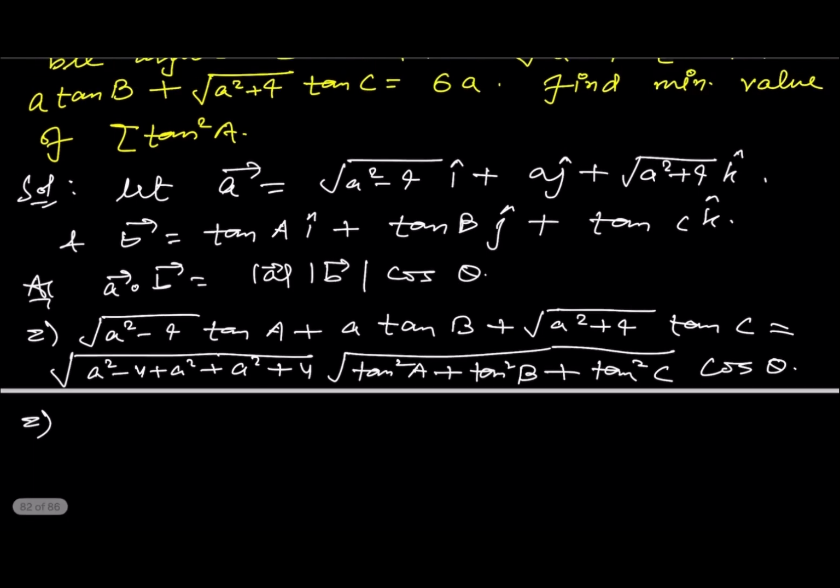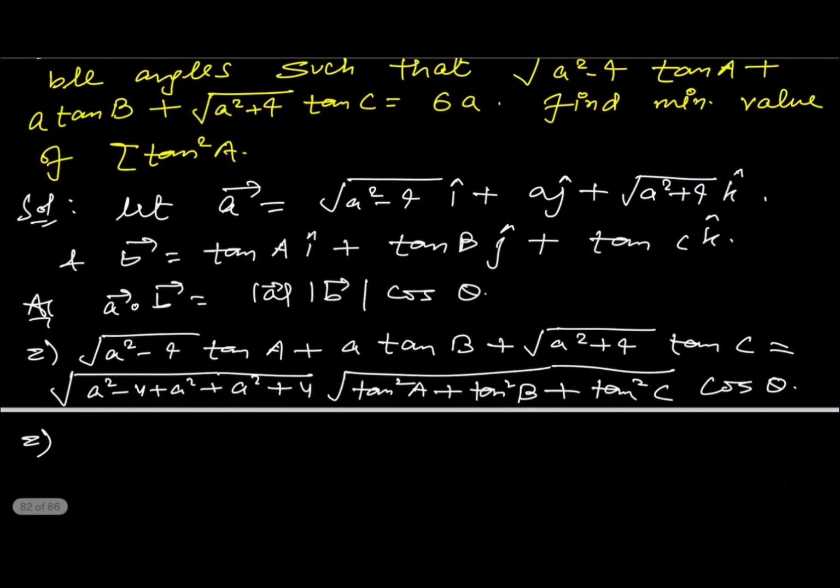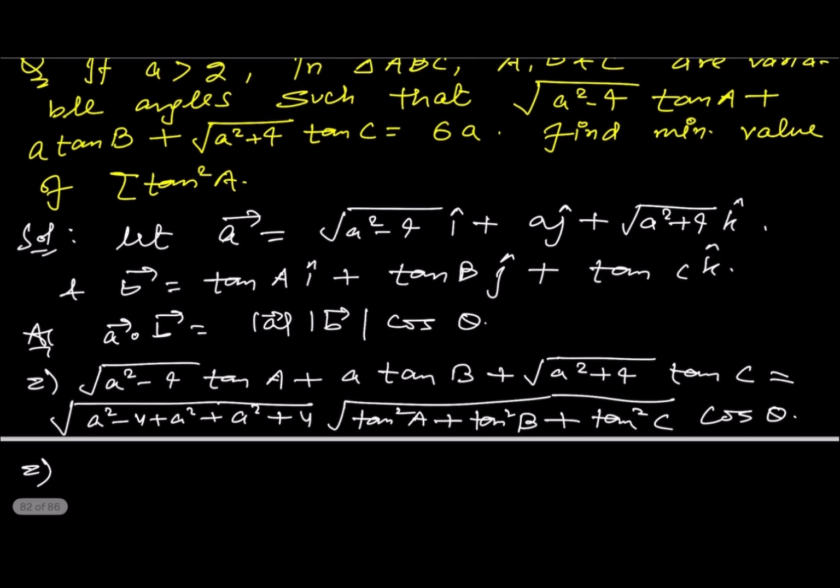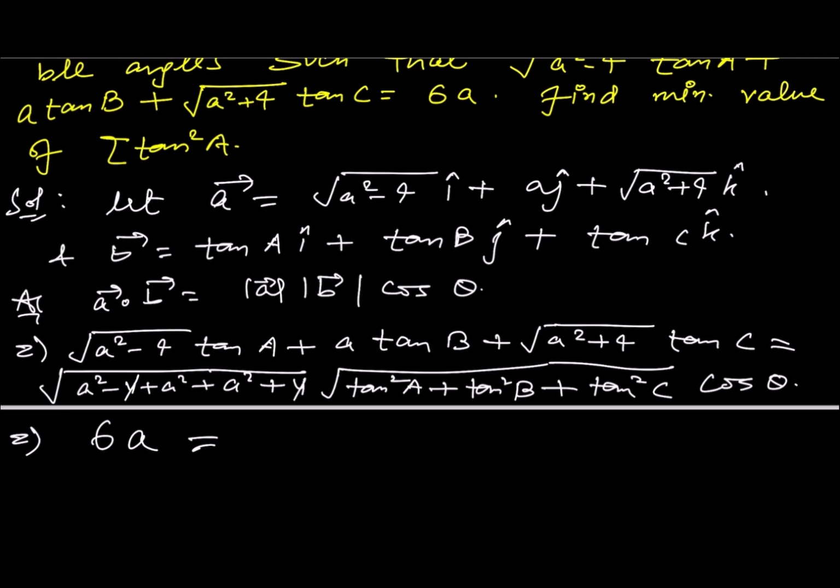And now, if we look at the LHS, it is 6a. 6a is equal to minus 4 plus 4 cancel out, root over 3a square, that is root 3 a, times root over summation tan square A into cos theta.